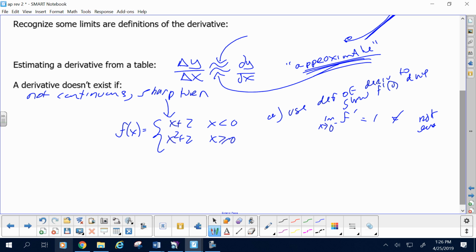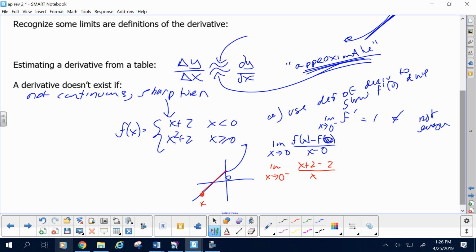If they say definition of the derivative, you would have to say something like, by the alternate definition. This is the alternate definition of the derivative, right? Now, if you use 0 and a point to the left, then I'm using the function x plus 2. f at 0 is 2. If you clean that up, the 2s drop out, the x's divide away.